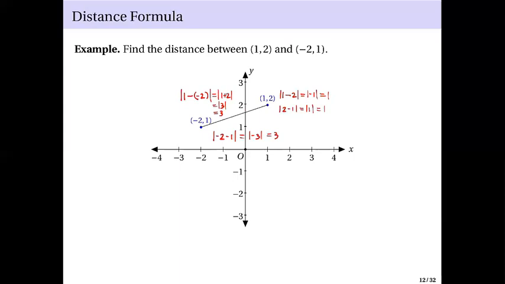So even though -3 became 3, it's not because -2 and 1 are on the positive side of the graph. No, it's not that. It's because you are considering the absolute value.